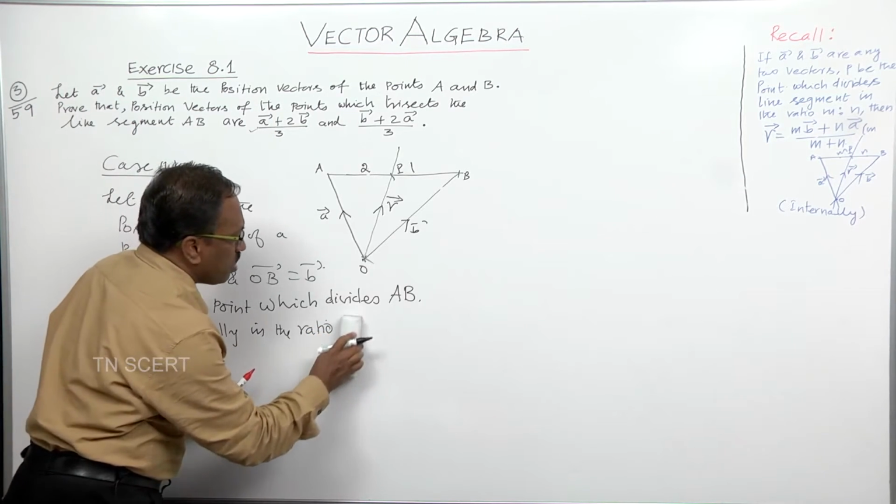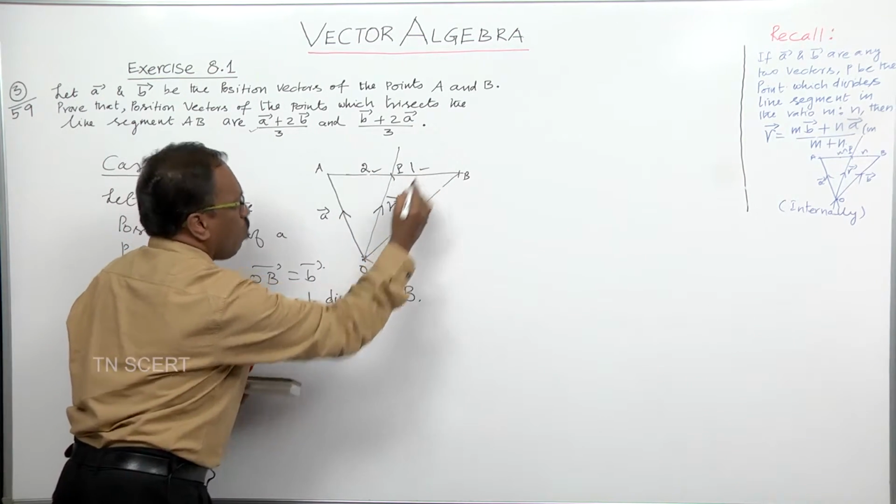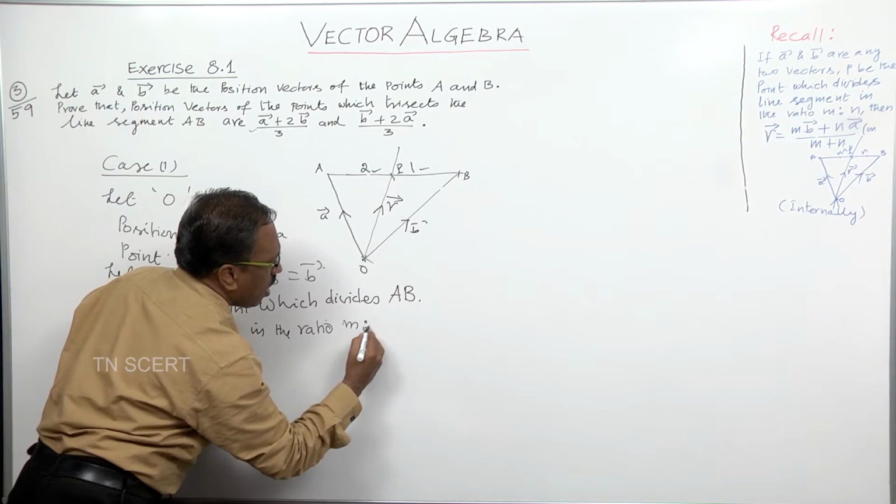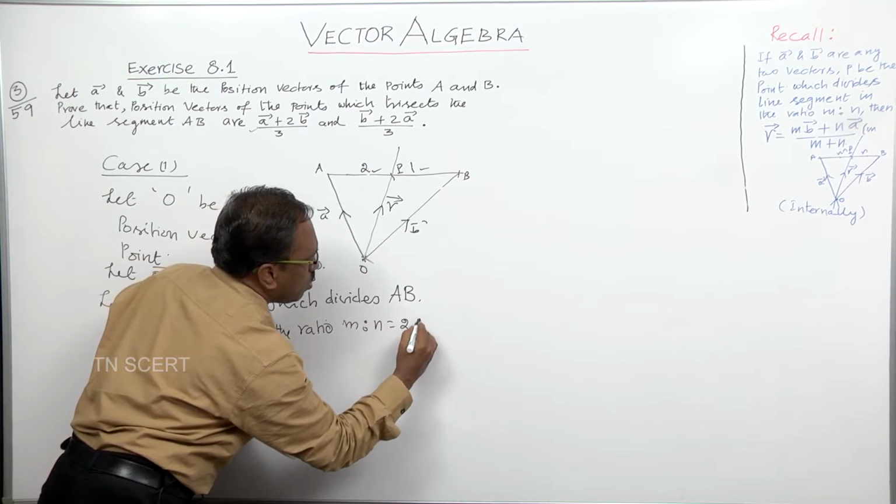In the place of m is to n, here it is 2 and 1, m is to n as 2:1 here.